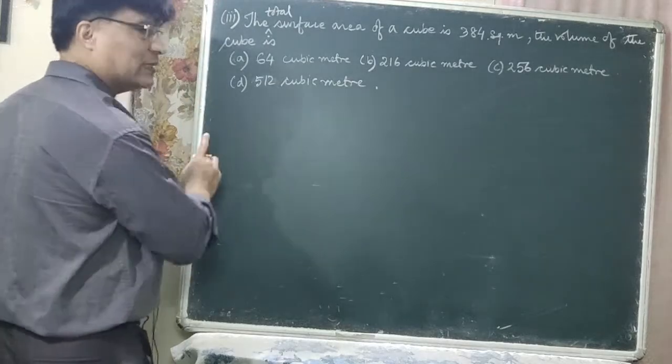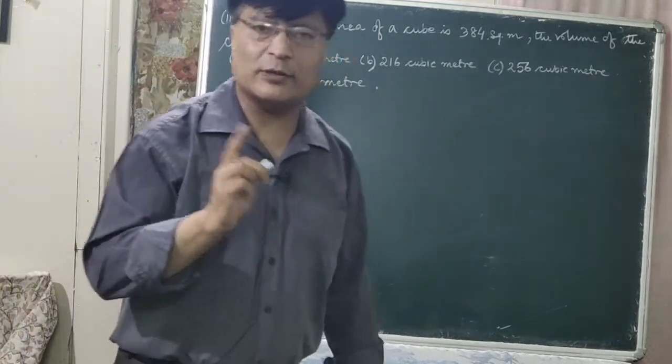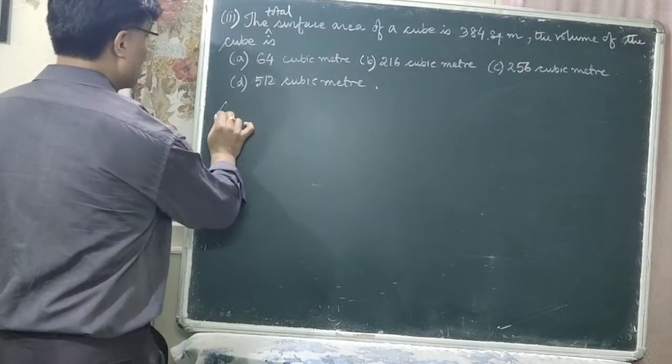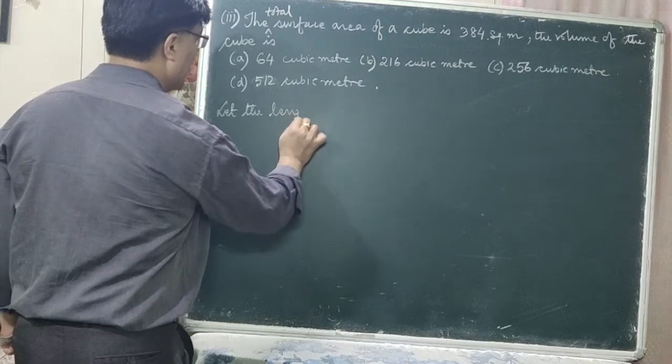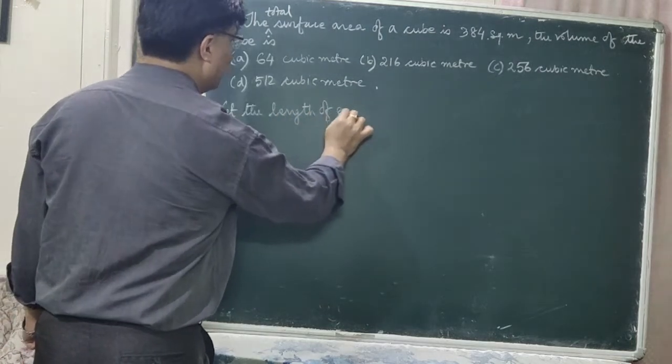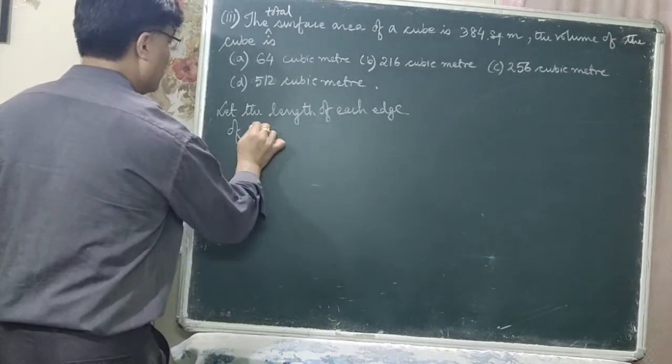So you can assume the length of each edge of the cube. Let us find out. Let us assume, let the length of each edge of the cube be a. So this is the solution.